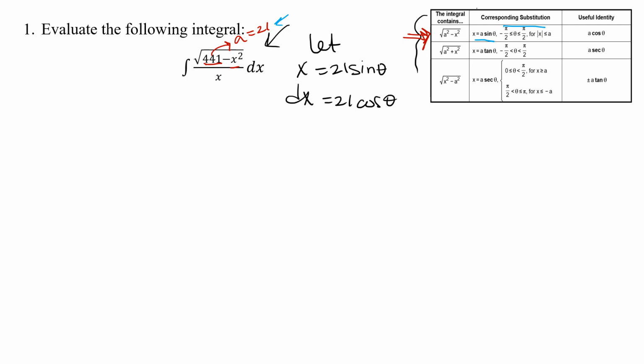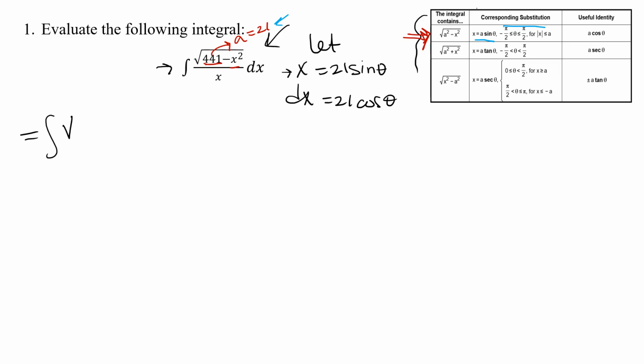So now we have our x and dx. So let's see then, how can we rewrite this integral here, okay? So then we have the integral. Instead of now writing that square root of 441 minus x squared, in the place of x, we're going to write 21 times sine.